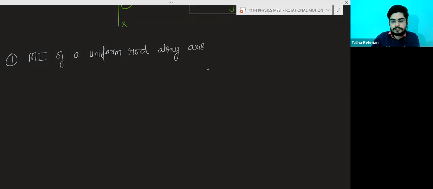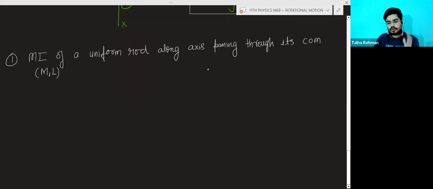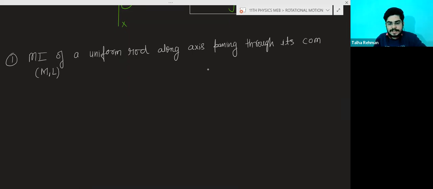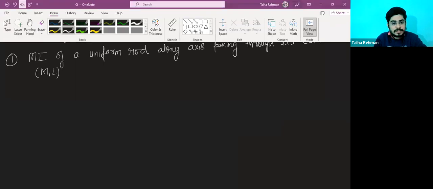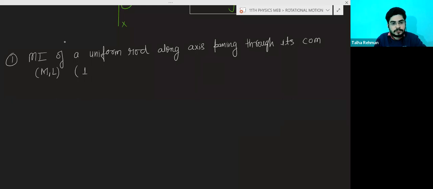For example, I want to find the moment of inertia of a uniform rod along an axis passing through its center of mass, and this rod has the mass m and length L. One rod I am taking, and I am considering the rod as a one-dimensional object.